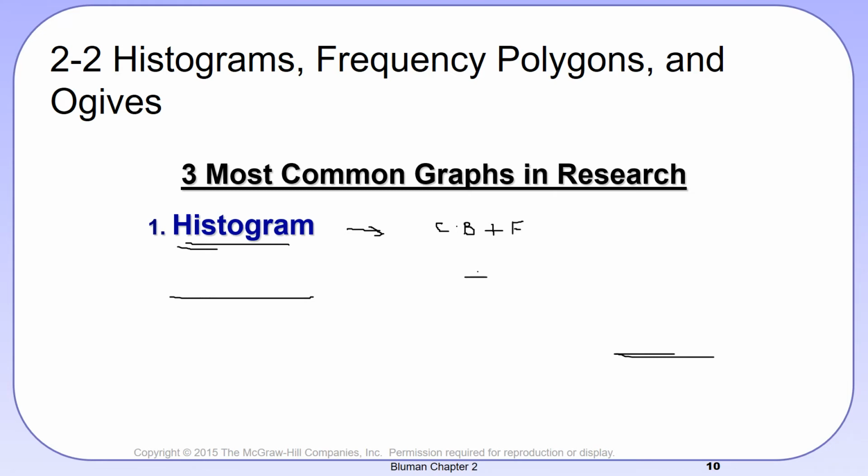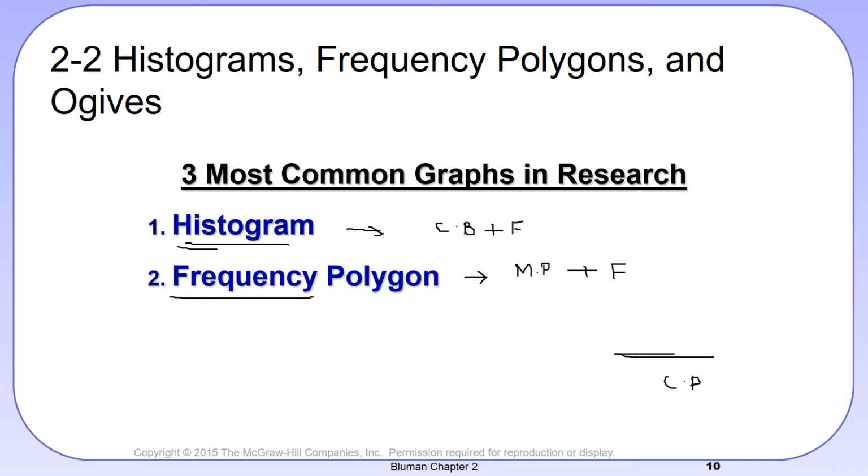For the frequency polygon, we need to take the midpoint, which means the class mark, plus frequency. This is very important. For the ogive, we need class boundaries plus cumulative frequency.